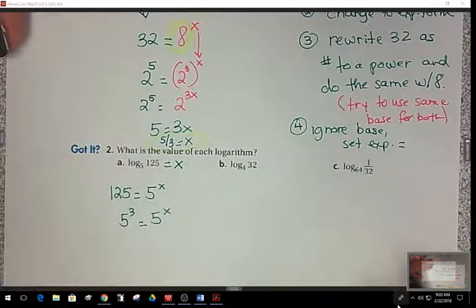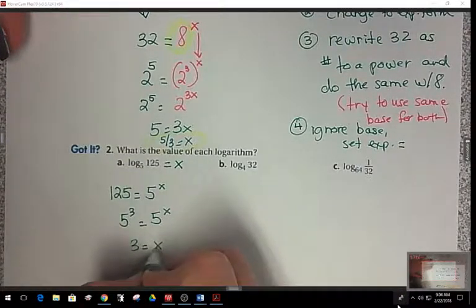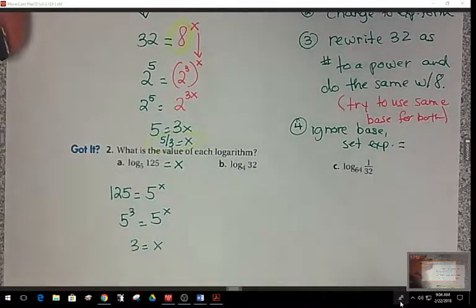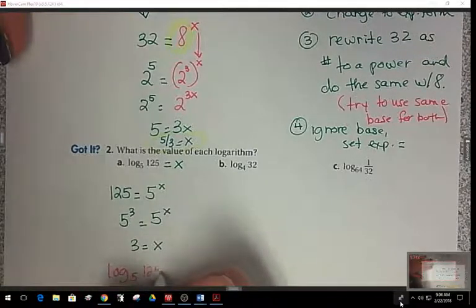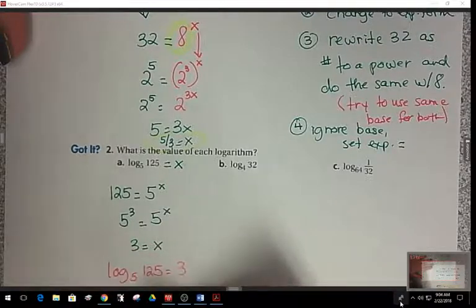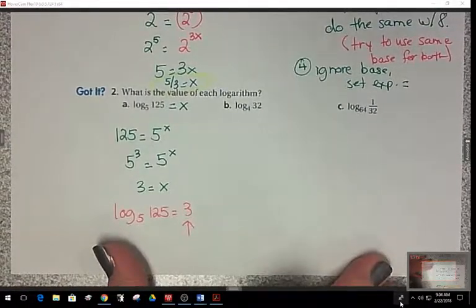But it just so happens my bases are the same, so ignore your bases, set your exponents equal. So the log base 5 of 125 is equal to 3. That is your answer.